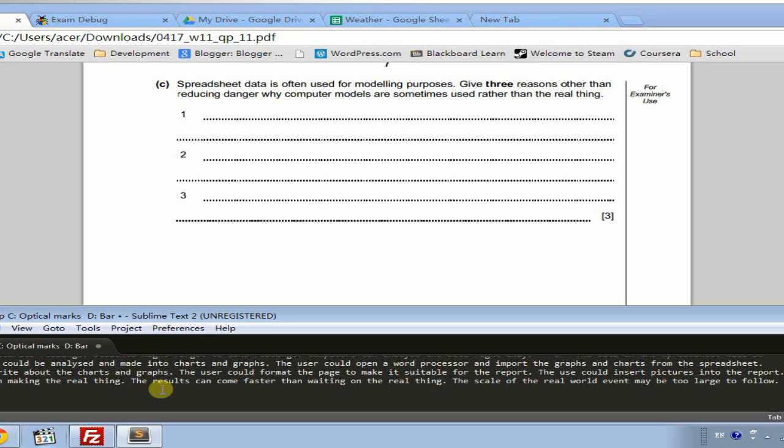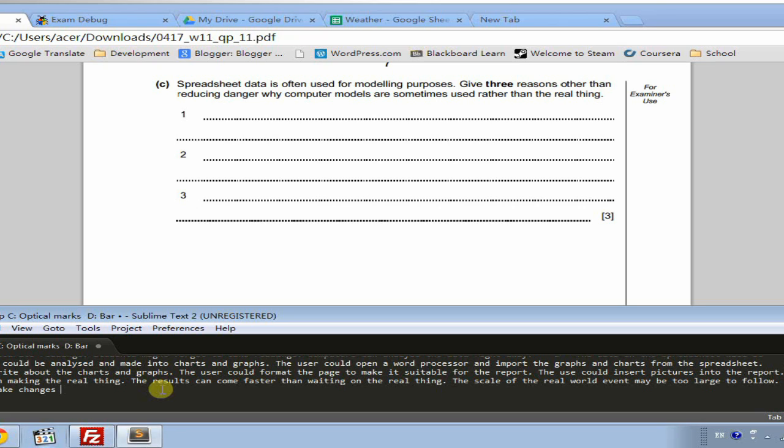Again, going with the transport thing, it costs less to make changes. So if I model it on the spreadsheet first, I can see what problems are going to come up and I can make those changes. Or, again, I know we're talking about spreadsheets, but it's sometimes easier if we think of the building.